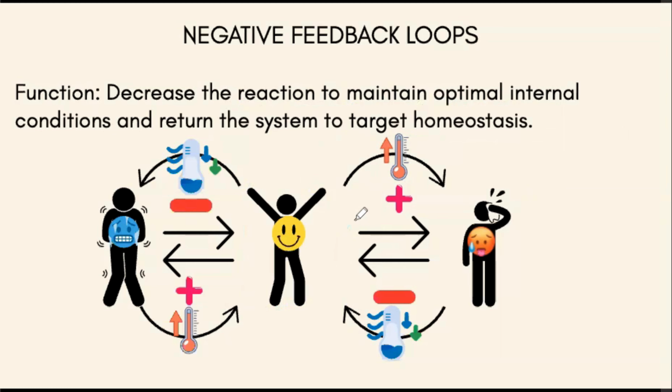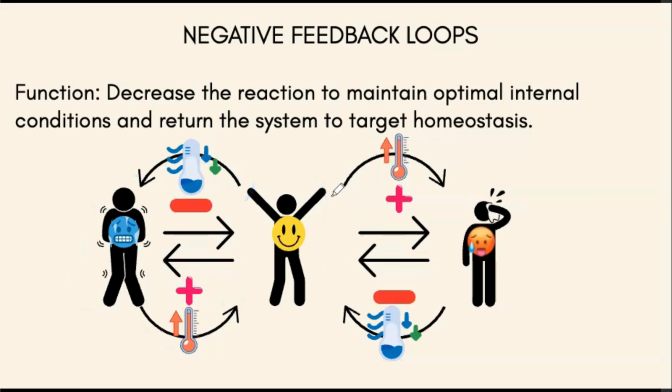But say that all of a sudden we decrease the temperature of our environment. Maybe you're in an air-conditioned room. What ends up happening is you end up shivering as a response. As you shiver, that increases your internal body temperature, and that is going to make you maintain homeostasis.